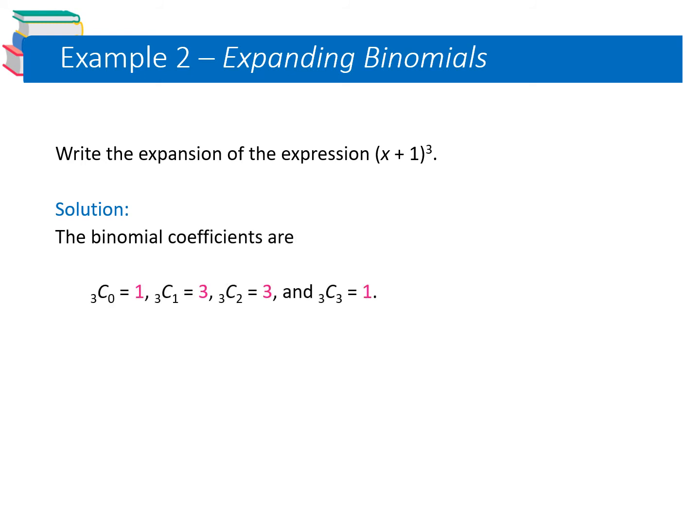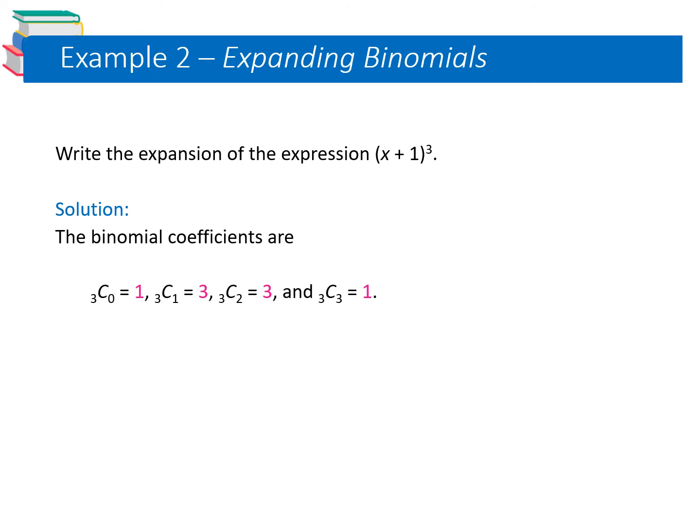The binomial coefficients are 3C0 is equal to 1, 3C1 is equal to 3, 3C2 is equal to 3, and 3C3 is equal to 1. So, that's what you'll do when using combinations to get the expansion of an expression. Since it's raised to 3, you will use 3C0, 3C1, 3C2, 3C3, until you reach 3.